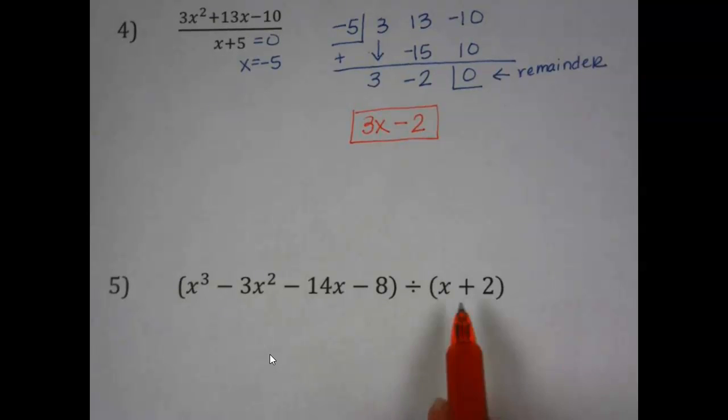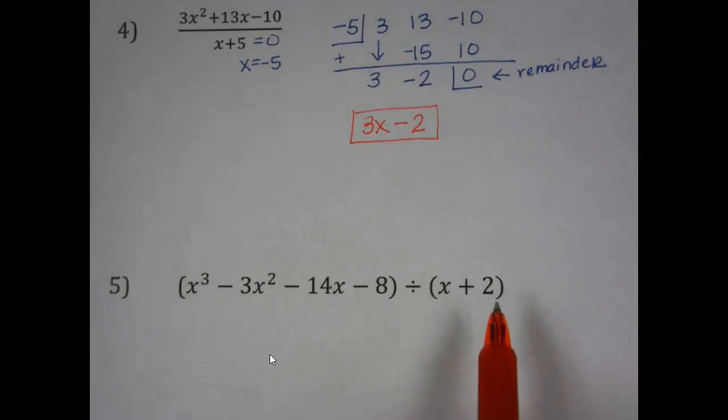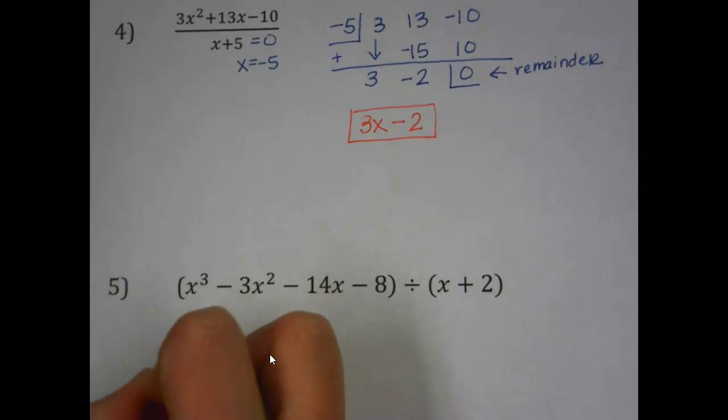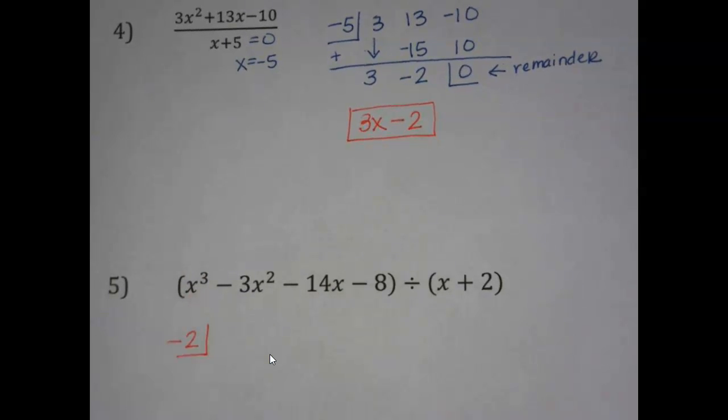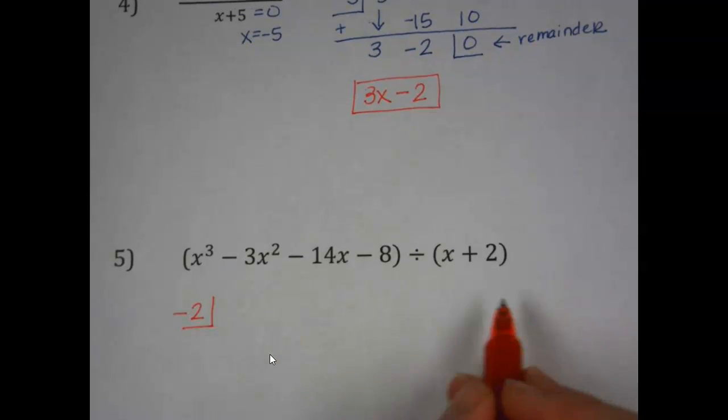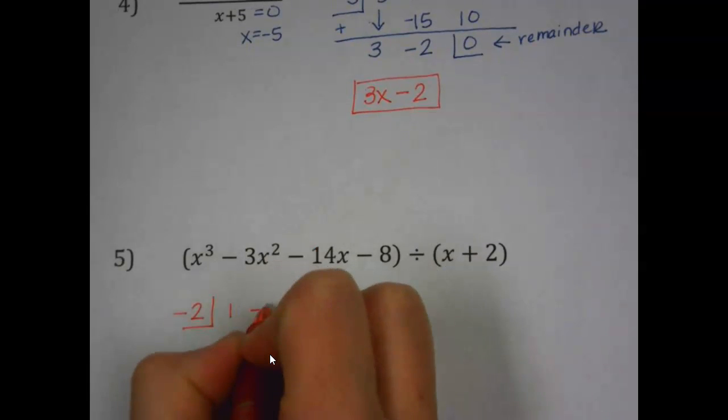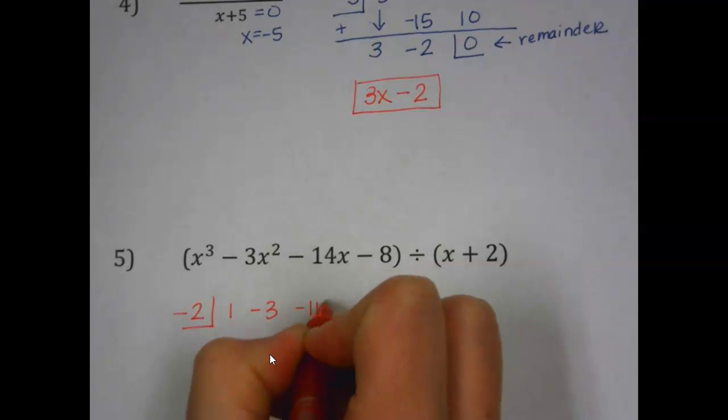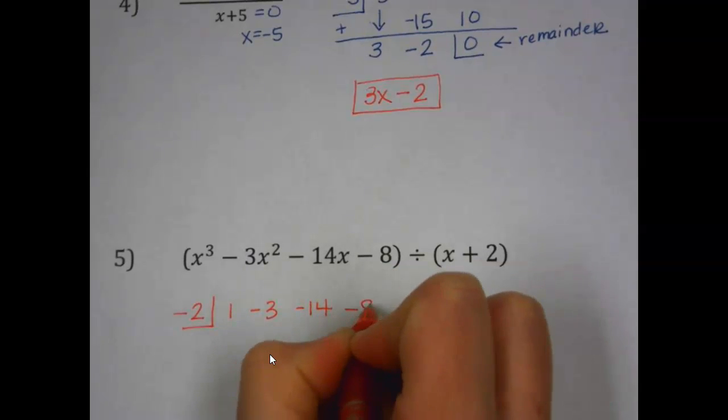So here we're dividing by x plus 2. Remember, we put whatever makes the second one equal 0 into the little box. So we're going to put negative 2 in the little box off the side. And then we write the coefficients next to it. So 1, negative 3, negative 14, negative 8.